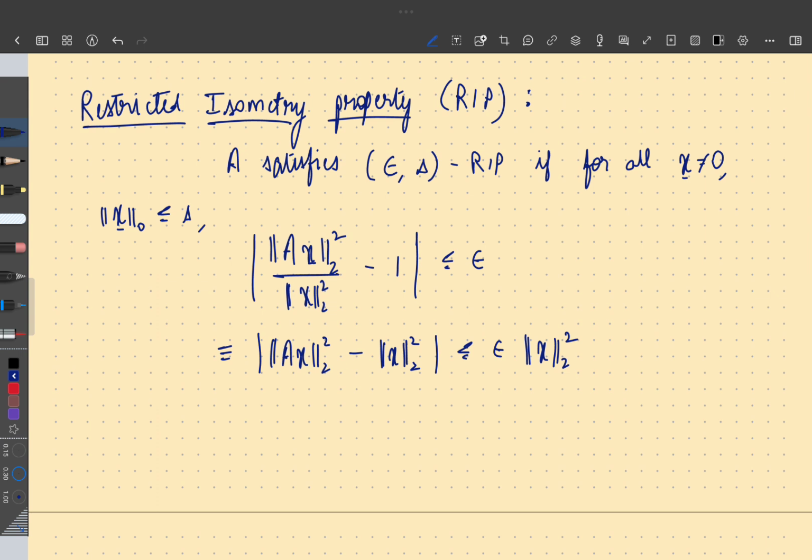So the requirement in the RIP is very similar to the requirement we had for the Johnson-Lindenstrauss lemma, except there we had a finite set of vectors, whereas here we have an infinite set of vectors.